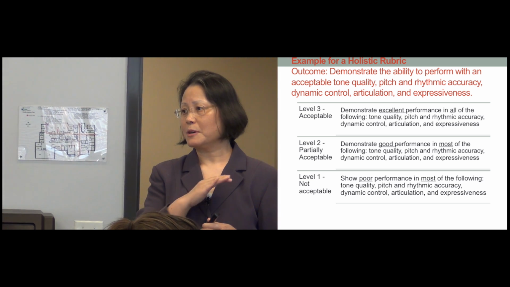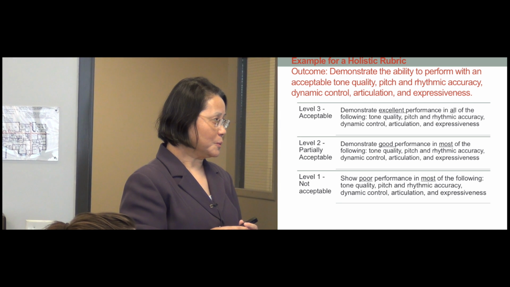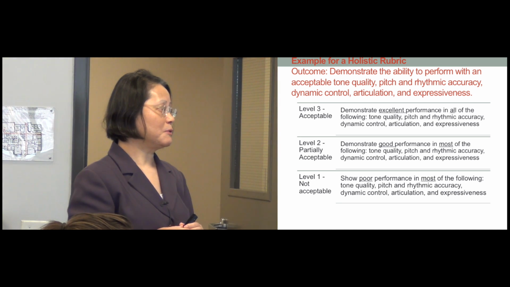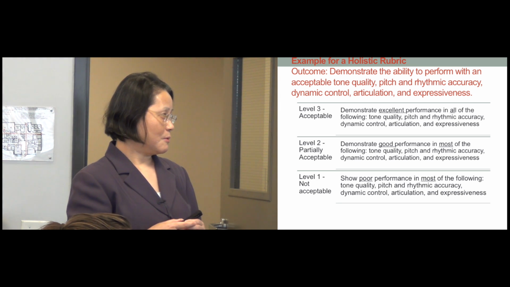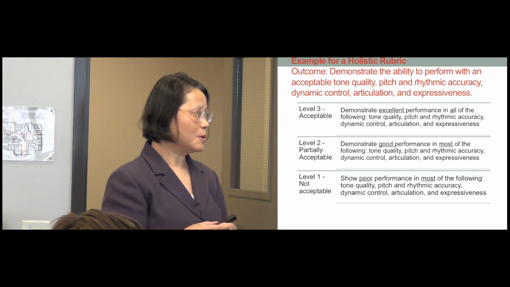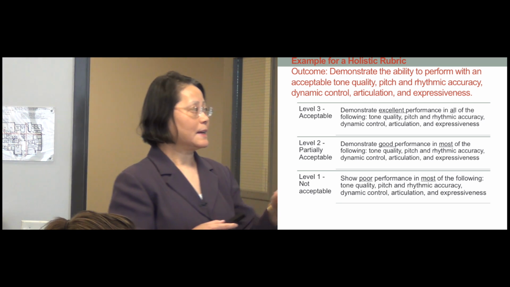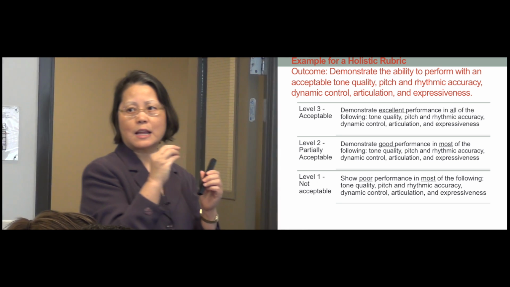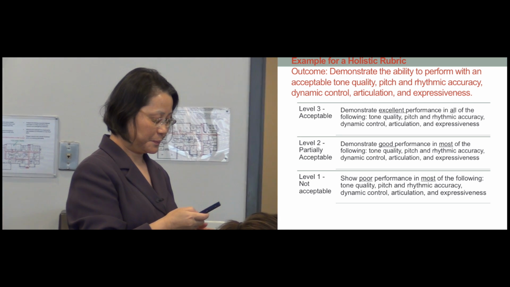So students perform perfectly in all those areas. Then for level 2, we say students demonstrate good performance in most of those criteria. And for level 1, we say students show poor performance in most of those criteria. So this is holistic. You just put all the criteria together for each level.